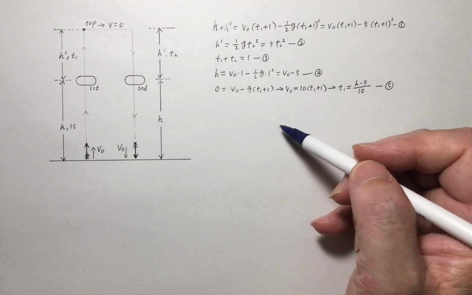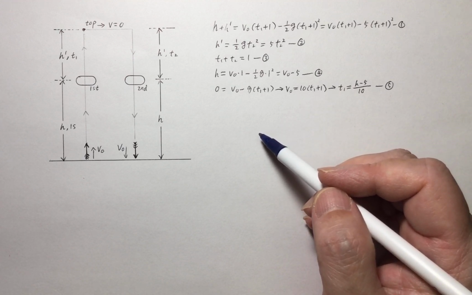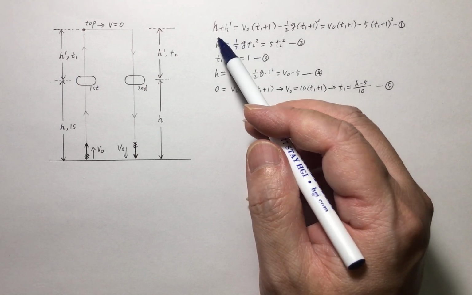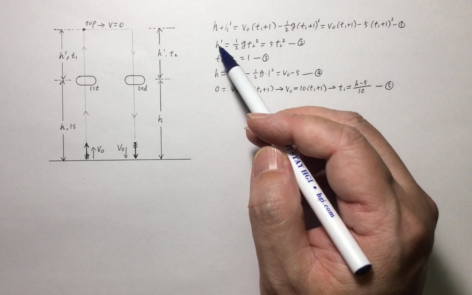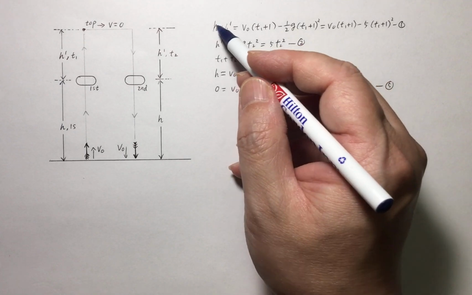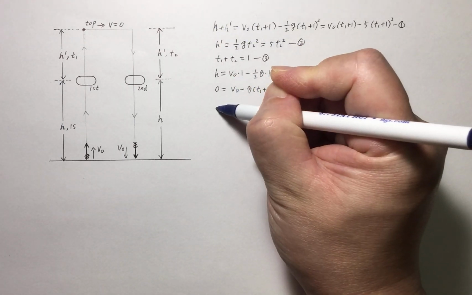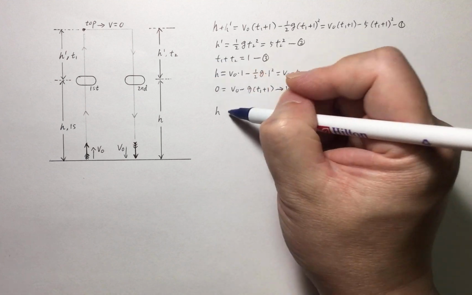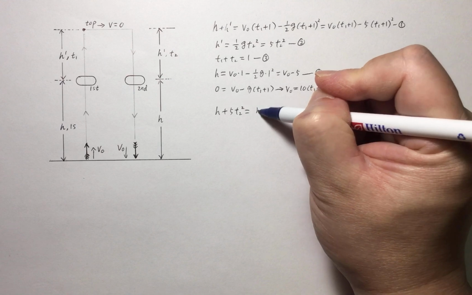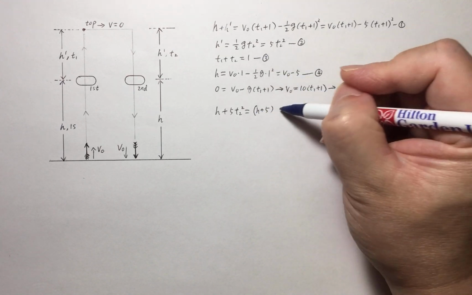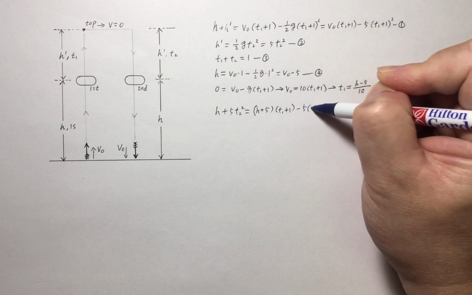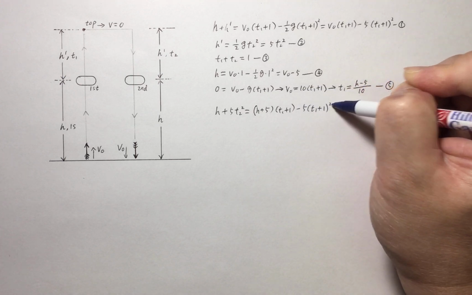Now we look at this equation. We know h prime is this number, right? So we rewrite this equation, so it becomes h plus 5 t2 squared equal to h plus 5 (t1 plus 1) minus 5 (t1 plus 1) squared.